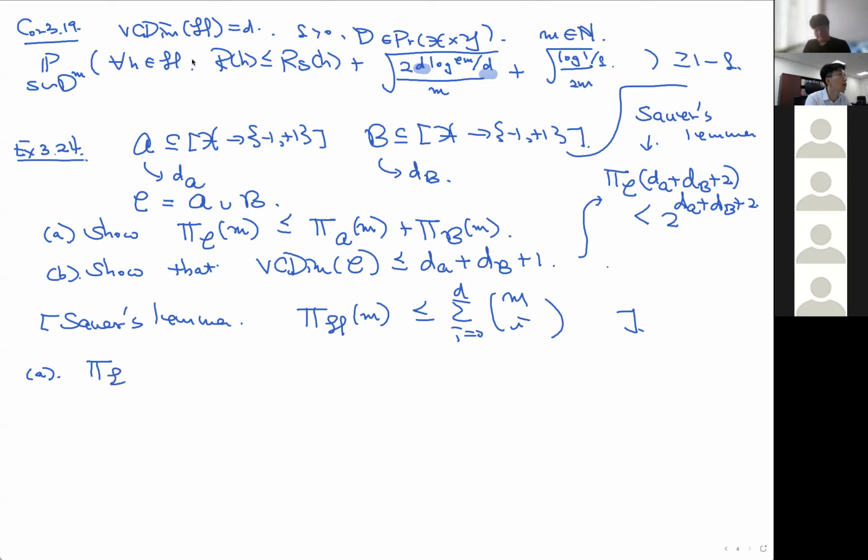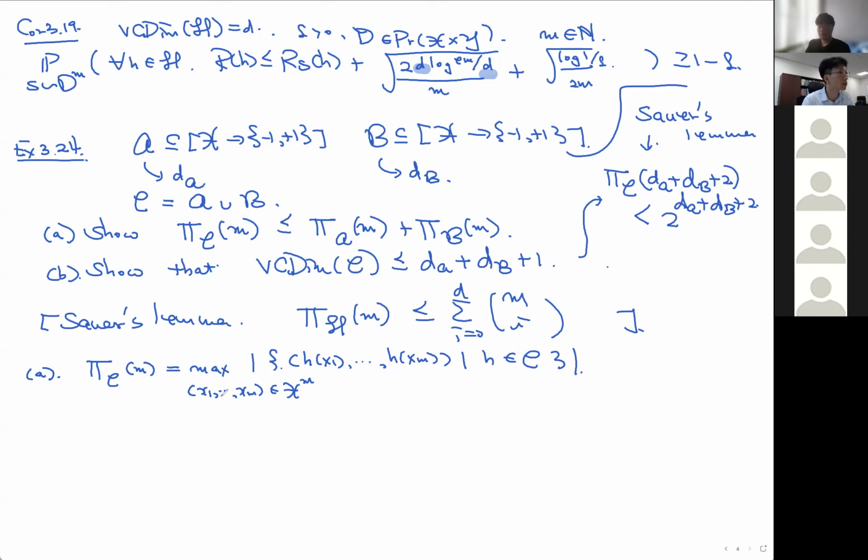If you just write down the definition, the growth function of m is the maximum over the sequences x1 to xm of inputs, of the cardinality of the set obtained by applying any hypothesis to the vector.